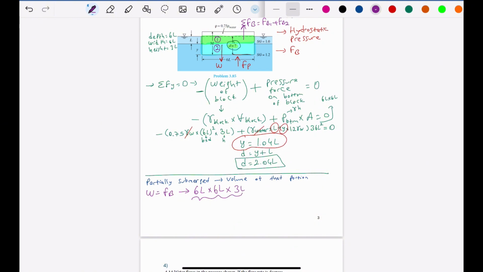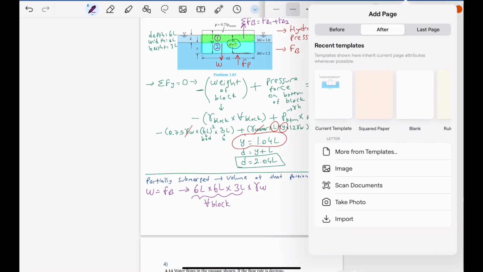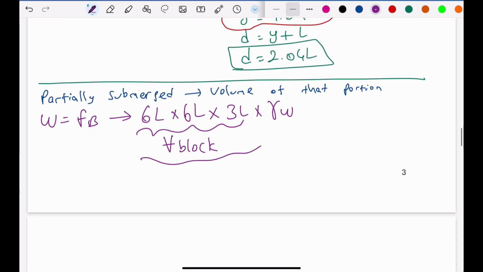So this is actually the volume of entire block times we have specific weight of water. And in total, this gives weight of entire block.